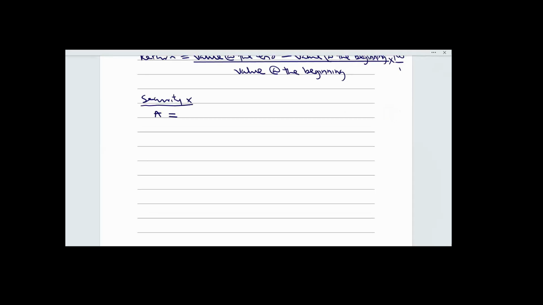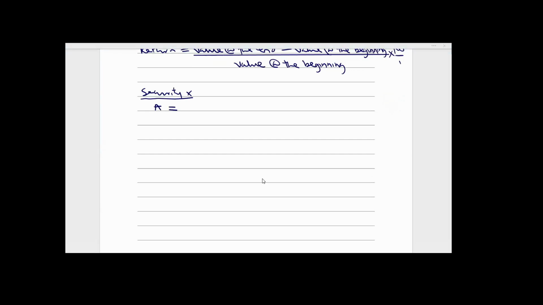The value at the beginning is the amount you invested, which is 60,000 naira. Value at the end is given to you in the question.